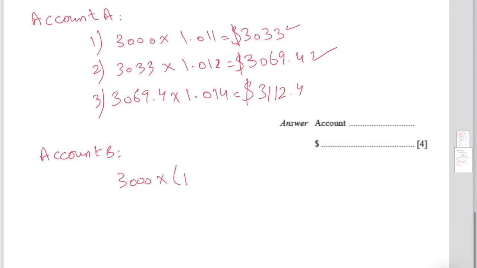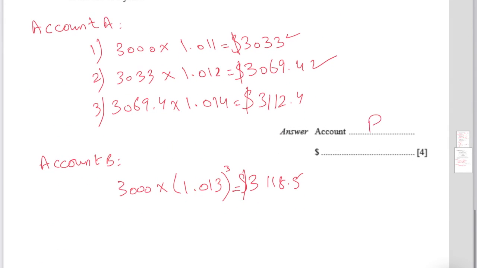So you do 1.013 to the power of 3 because it's 3 years. 3,000 times 1.013 to the power of 3, and you get $3118.5. Definitely she makes more money in account B. So you write B and you write 3118.5. I hope this question made sense.